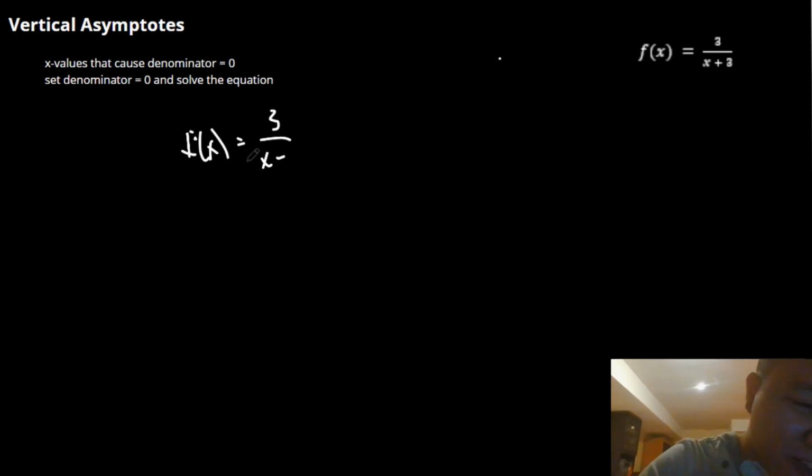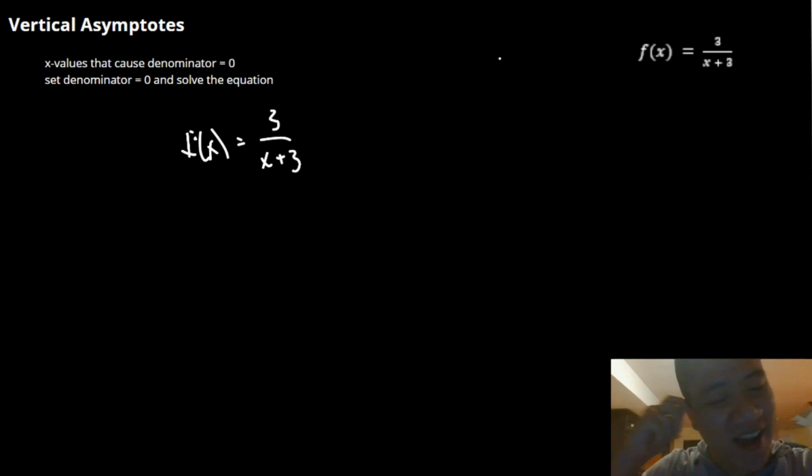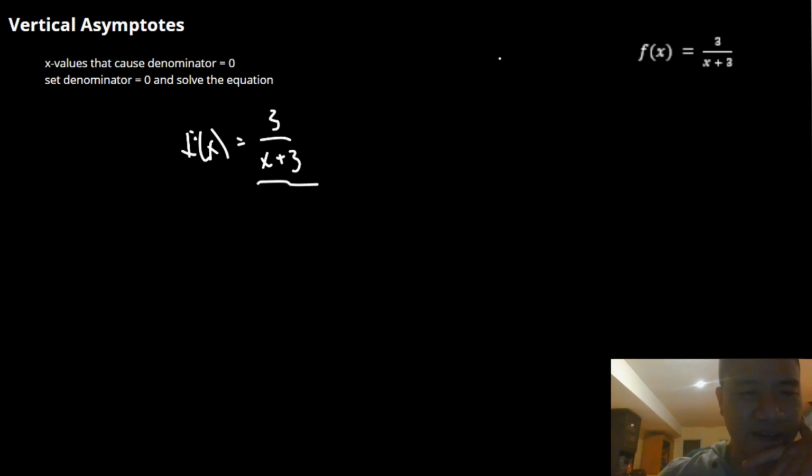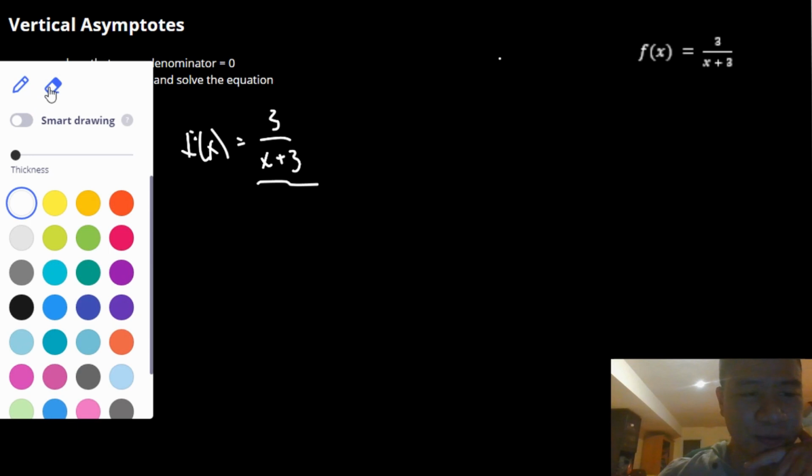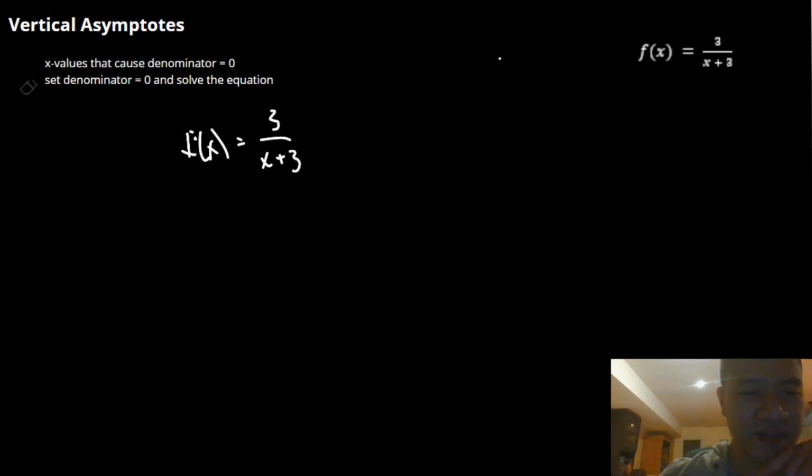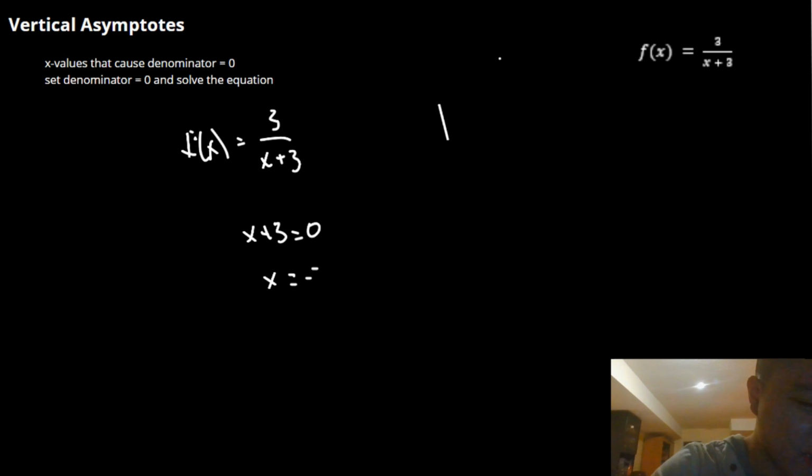To find the VAs, we just have to set our denominator, in this case x plus 3, equal to 0, and then we solve the equation. So x plus 3 equals 0, x equals negative 3.